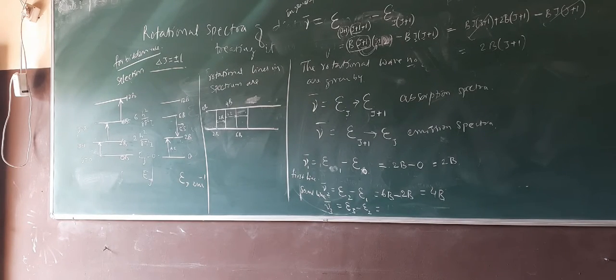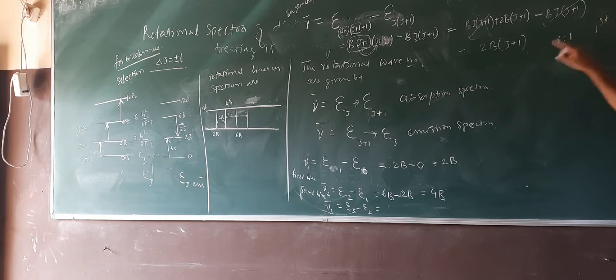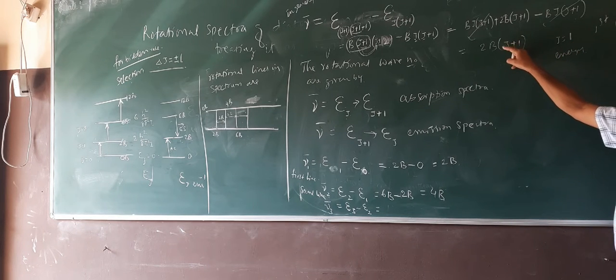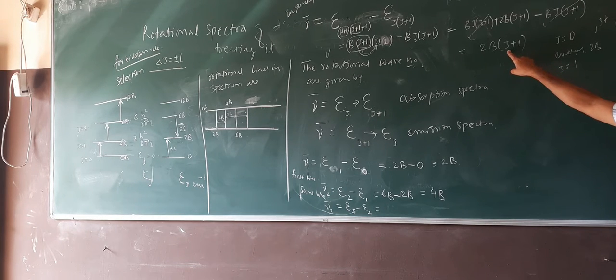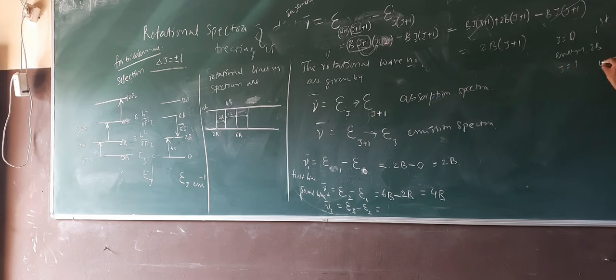For the first line put j equal to 0, then I will get the first line as 2b. For the second line I have to put j equal to 1. What is its energy value? Put j equal to 0 for the first line, it is 2b. For j equal to 1, 1 plus 1, it is 4b.